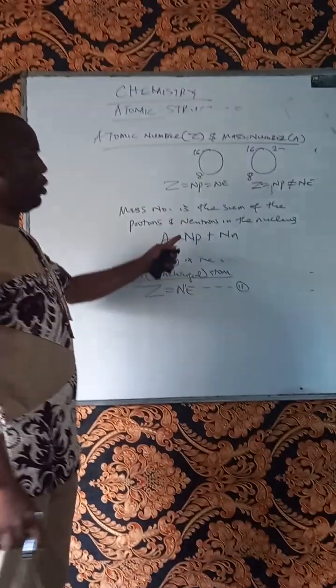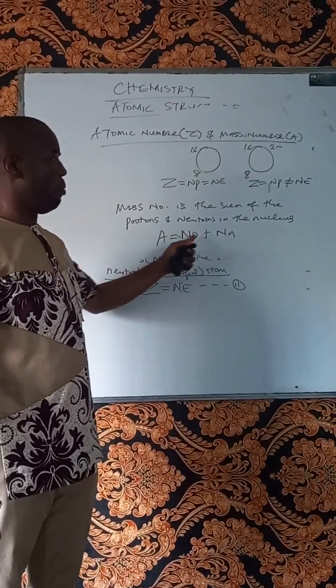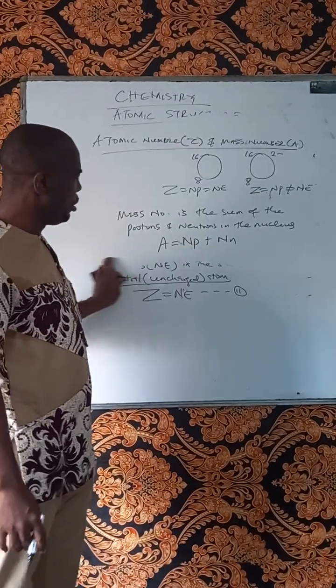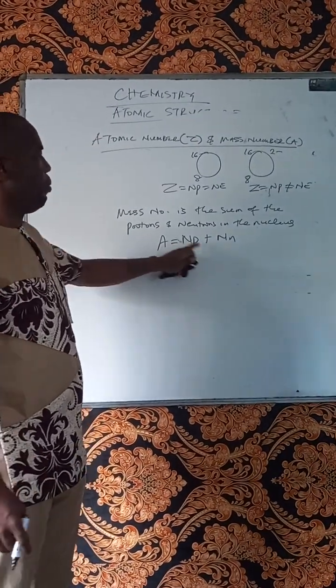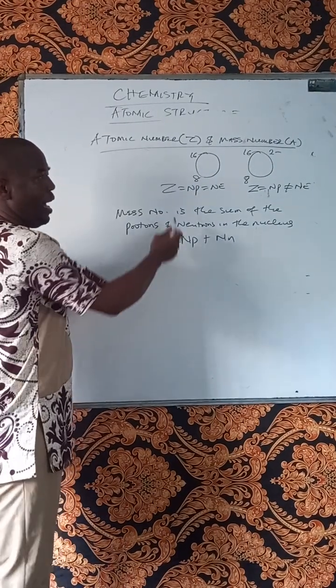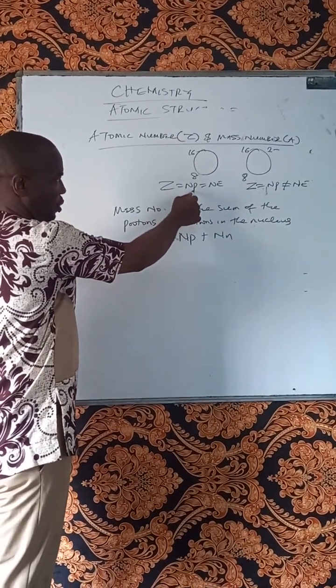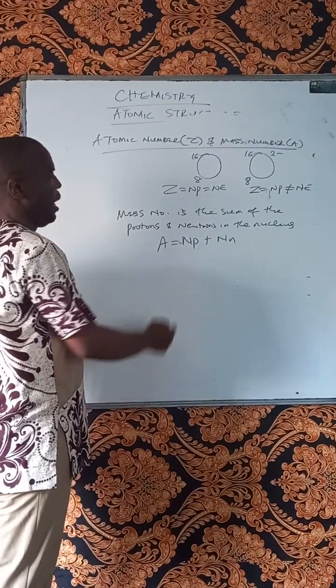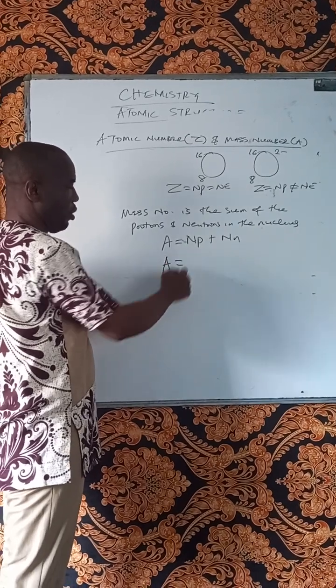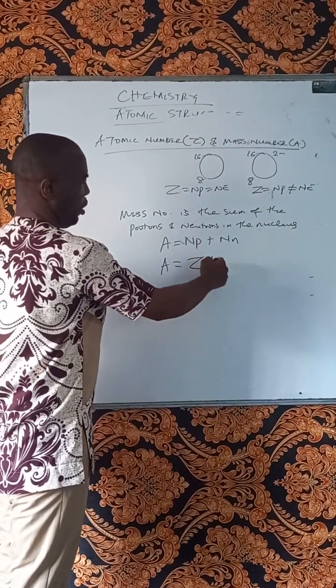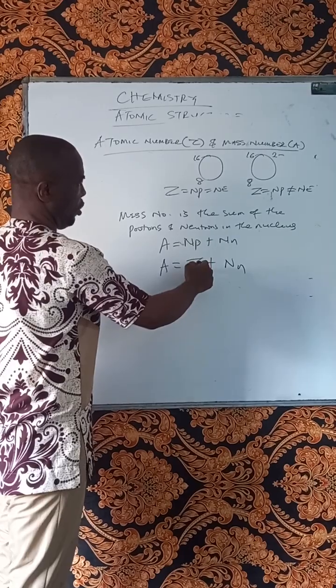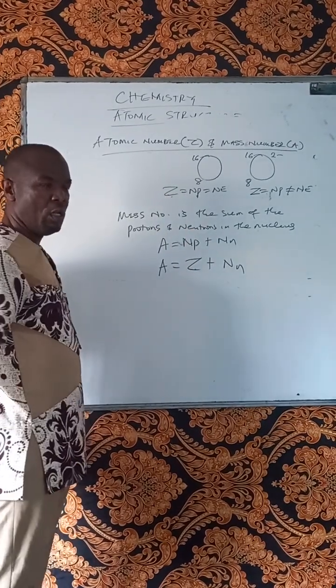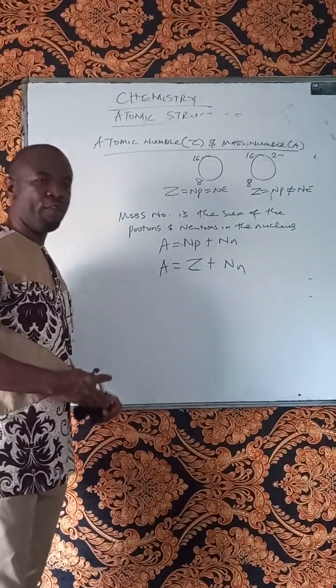When you add number of protons and number of neutrons, we get the mass number. But remember that as we said before, our atomic number is equal to number of protons. That means I can say that A will now be equal to Z plus neutron, because these two are equal to each other. So that is it, the lesson we have today.